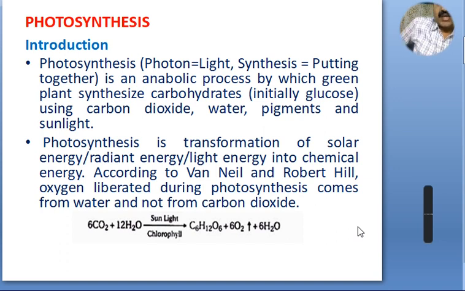carbohydrate is synthesized in the plant bodies, where photo means light, synthesis means preparation, that is putting together. So initially, the plant body utilizes inorganic raw materials like carbon dioxide and water in presence of solar energy and the pigments present in the plant body to synthesize food materials.